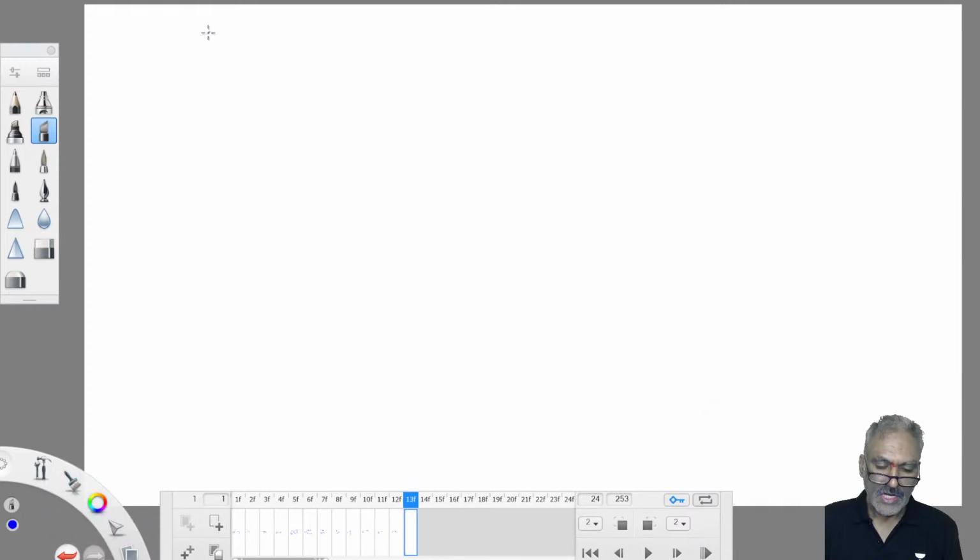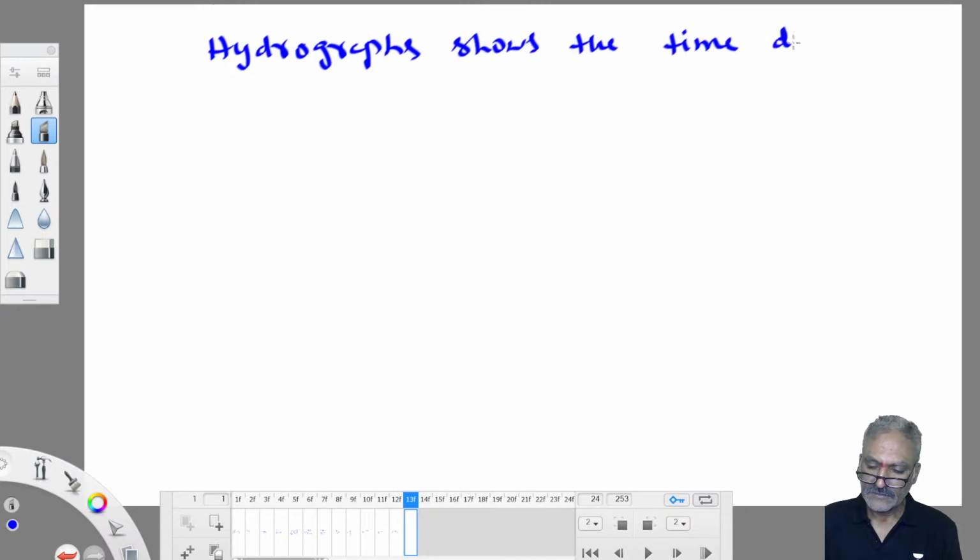So the hydrograph shows, what does it show? The time distribution of the runoff. With respect to time, how runoff is delivered into the stream.